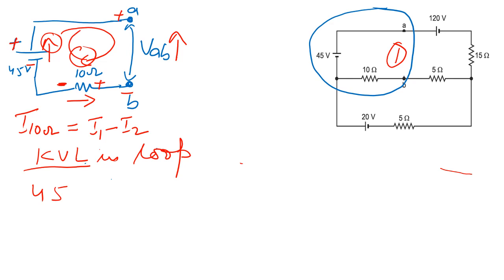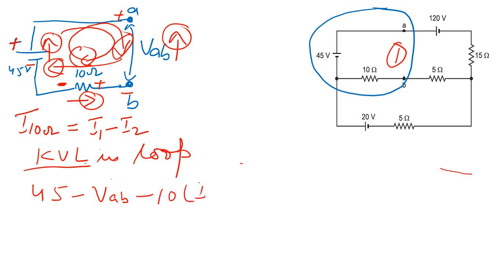Now the loop is coming like this, so this direction and this direction are opposite, so it is minus VAB. And now this is coming here, so this direction and this direction are opposite, so it will be minus 10 times I1 minus I2, and this is equal to 0.